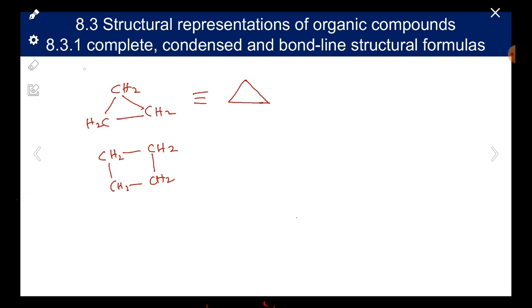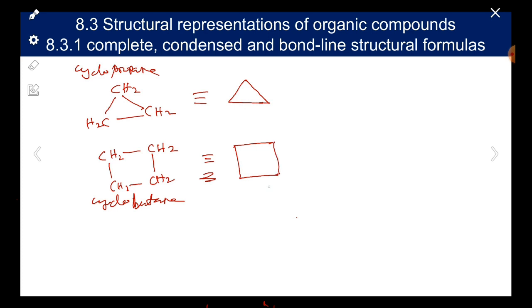Okay, this is cyclopropane. This is cyclobutane. This is equal to, this is not a triple bond, I am saying it is similar, equal to, a square. You can write like this.